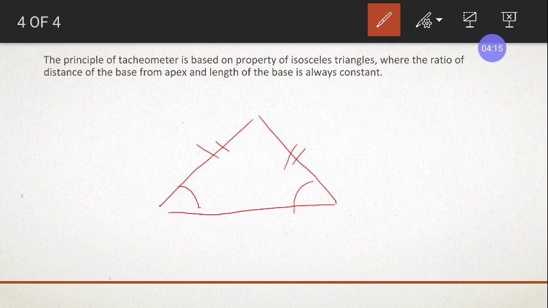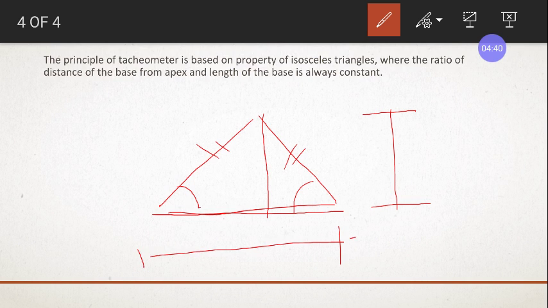So the ratio of the distance of the base from the apex, this distance, and the length of the base is always constant.